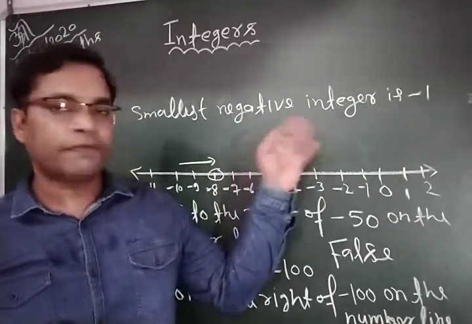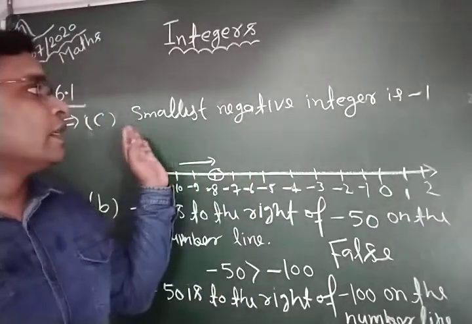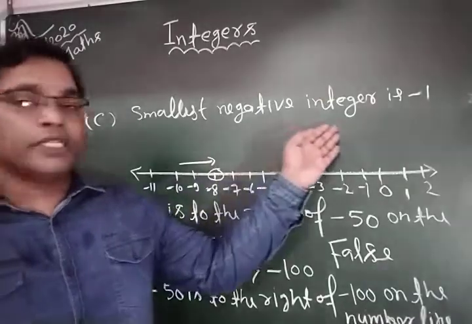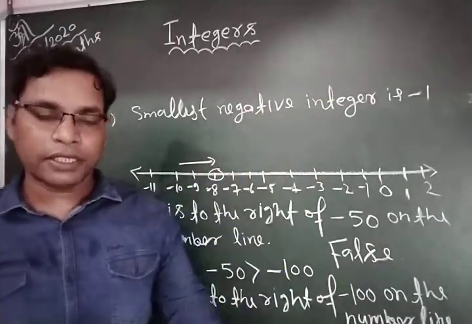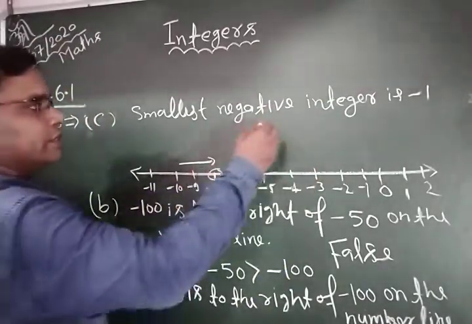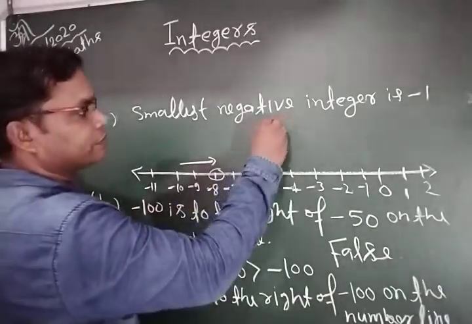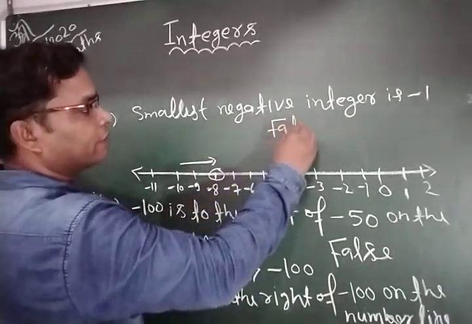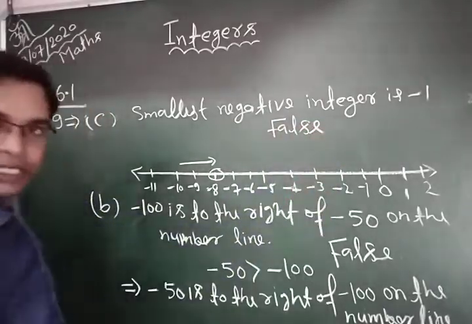So this is false. You can write here: the largest negative integer is minus 1, not the smallest negative integer. So the given statement is false. What is the correct statement?